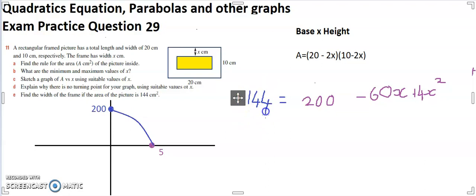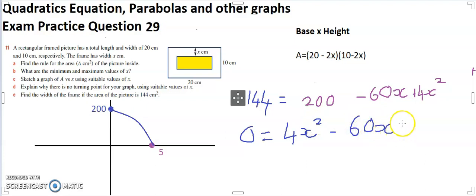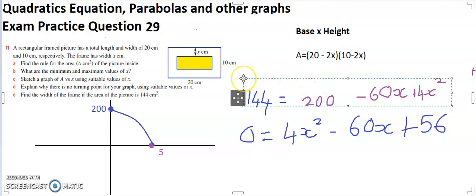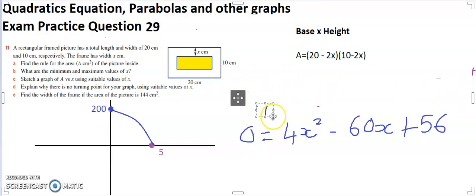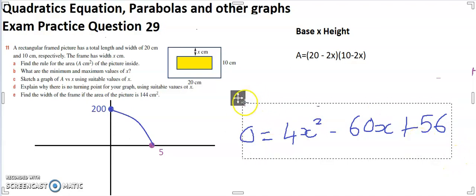I want my 144 to be on my other side, so I'm going to take it away from both sides. That leaves me with 4x squared minus 60x plus 56. Now, because it's wanting me to find the width of the frame, I'm going to have to work out what x is.